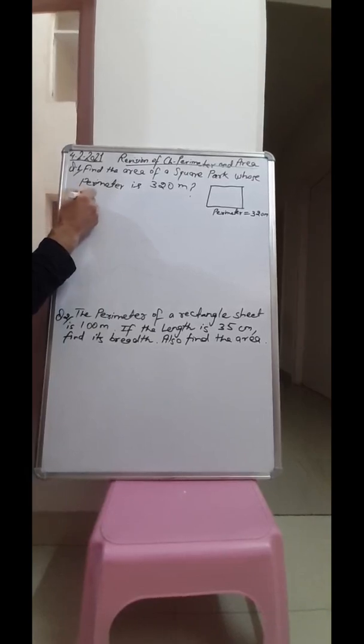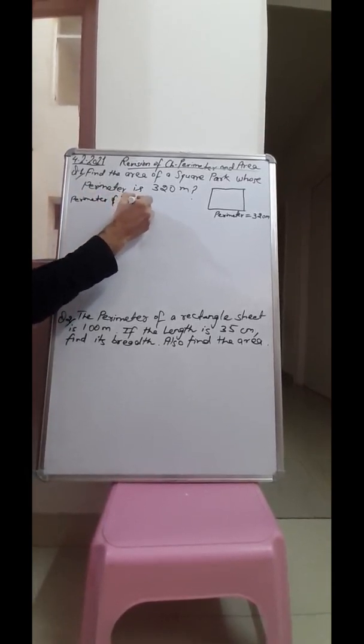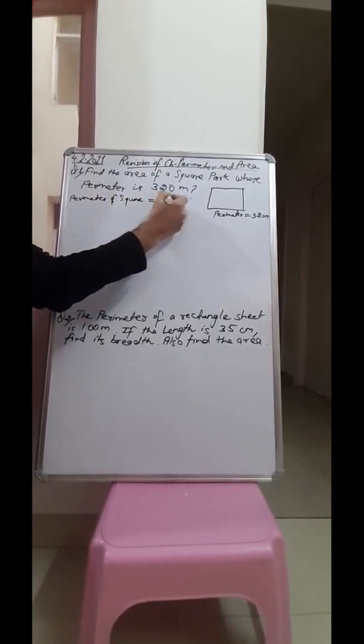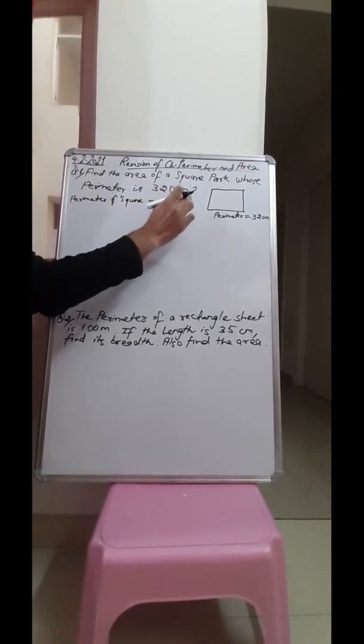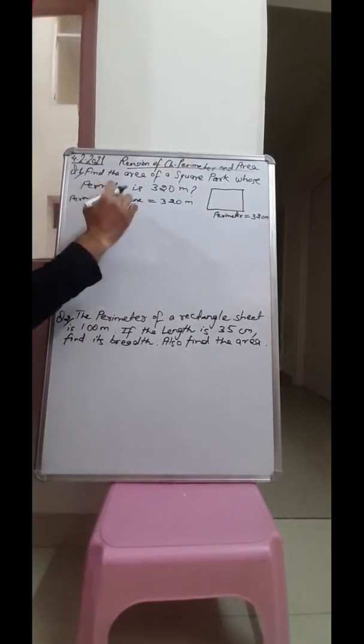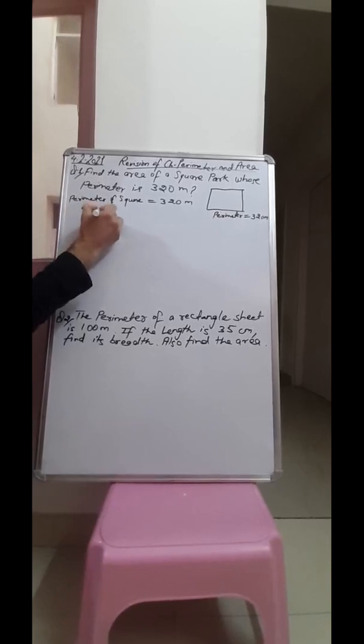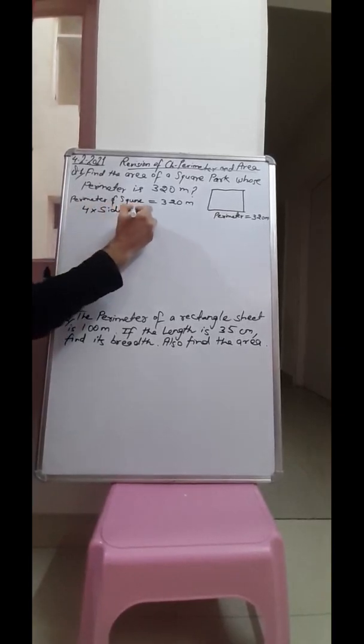First we are going to use the perimeter of square, which is equal to 320 meter. It has been given to us. So we are going to use the formula of perimeter of square, and the perimeter of square formula is 4 into side, 4 multiplied by side.